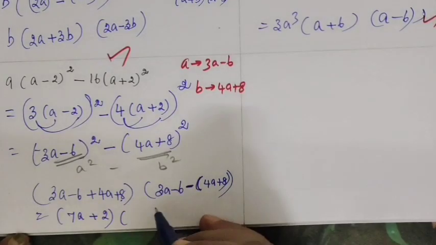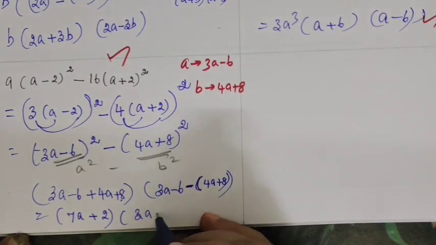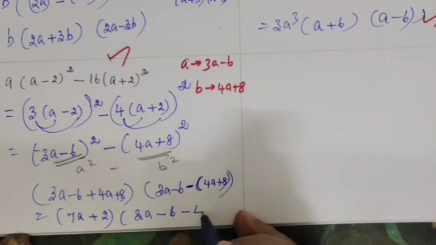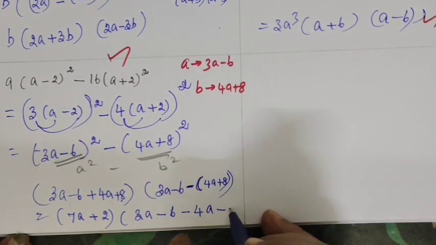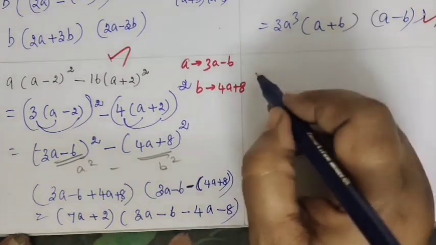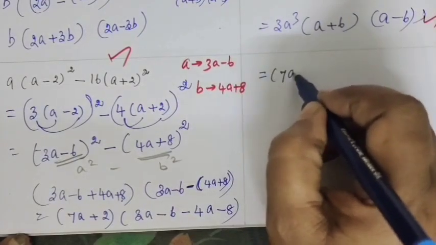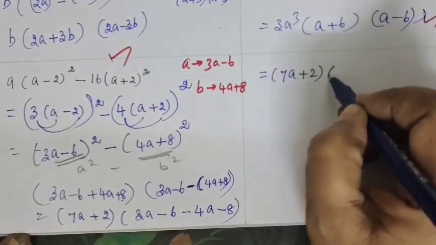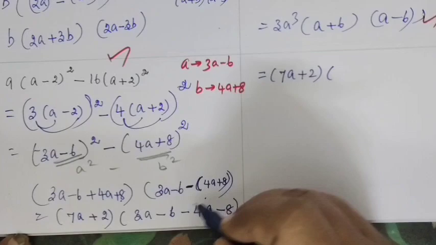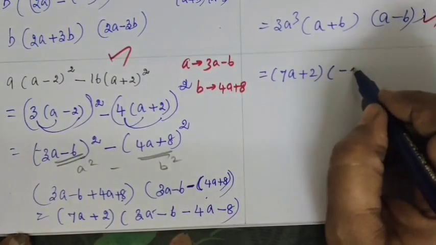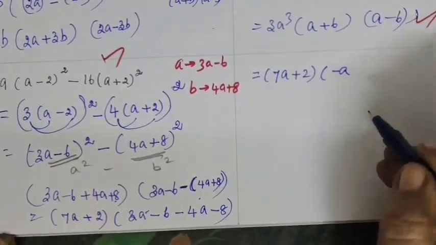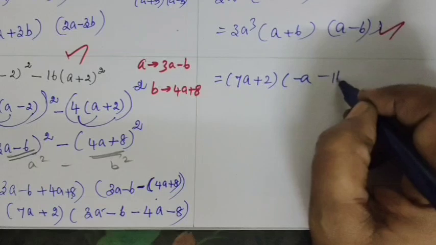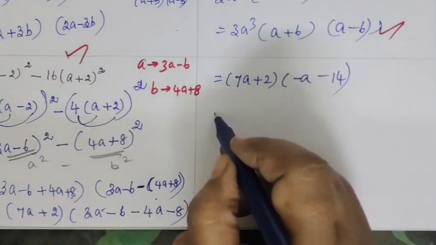Then bracket 3a minus 6 minus 4a minus 8. So equal to 7a plus 2, 3a minus 4a minus a, minus 6 minus 8 minus 14.